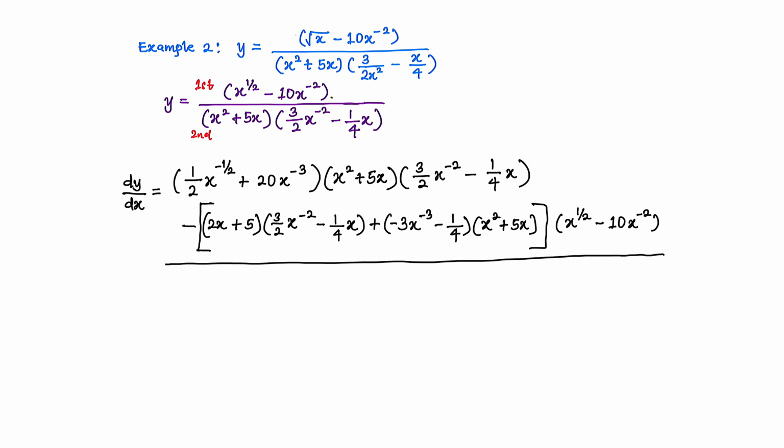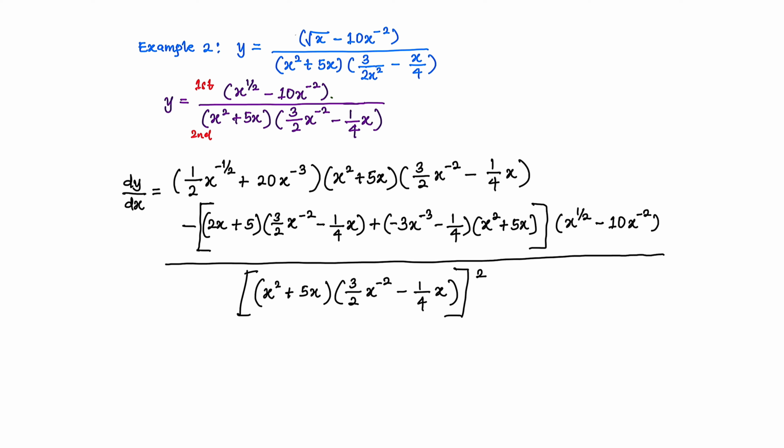The second function, which is x squared plus 5x, 3 over 2x raised to power minus 2 minus 1 over 4x, the square.